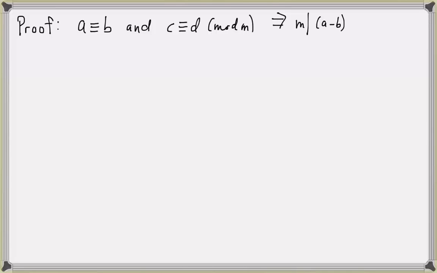Okay, so we're assuming that a is congruent to b and c is congruent to d mod m. Therefore, m divides a minus b, and m divides c minus d.